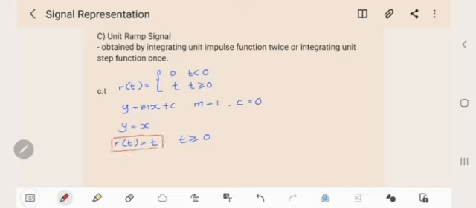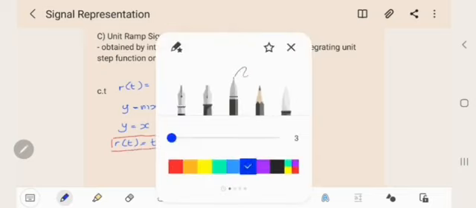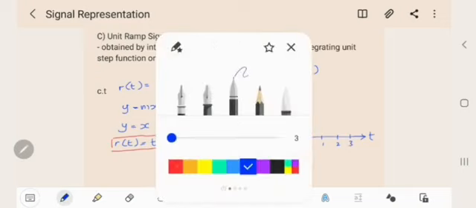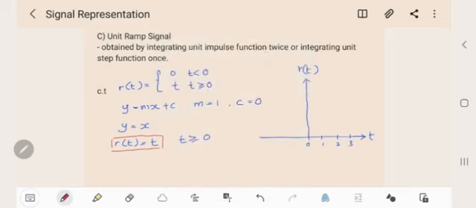Now we draw the signal. It will look like this. We have r(t) and our time t. Starting from 0, we need 1, 2, 3, and it will multiply with t, so the signal will be like this.